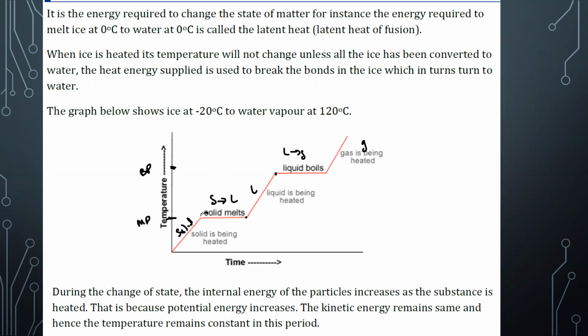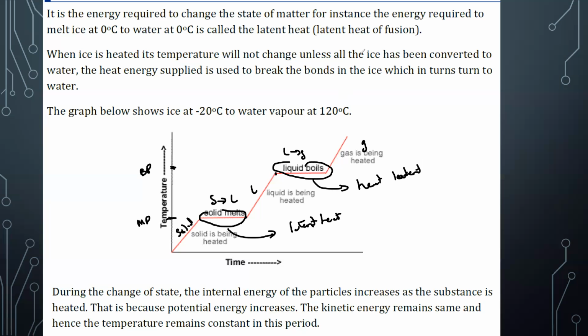The energy supplied in this part is known as the latent heat. Latent means hidden heat, because the effect of the heat is not visible here. That heat normally causes the temperature to change, but in this case the temperature is not changing. Why? Because the energy is used to break the bonds.